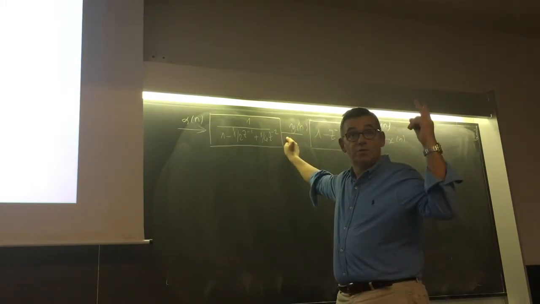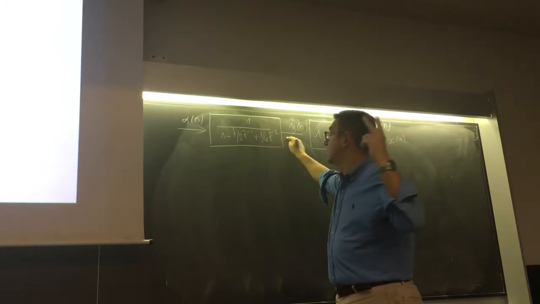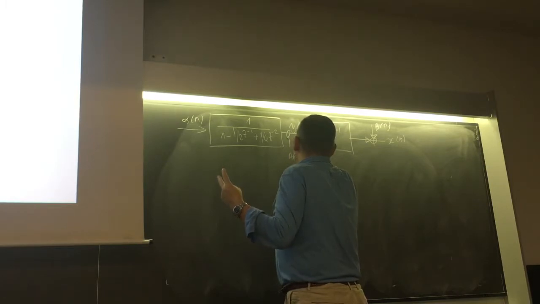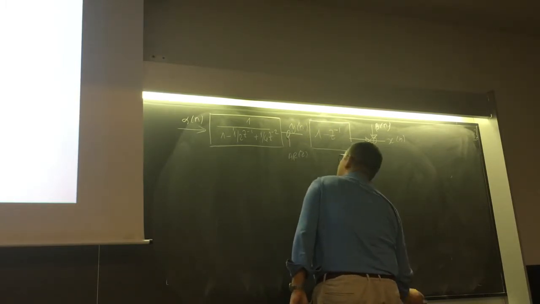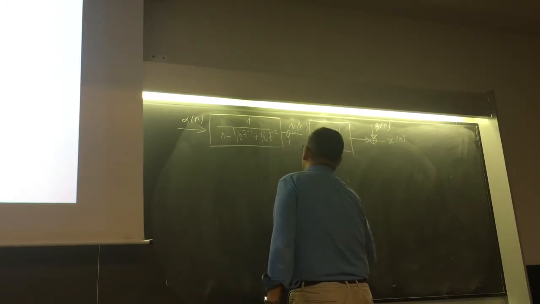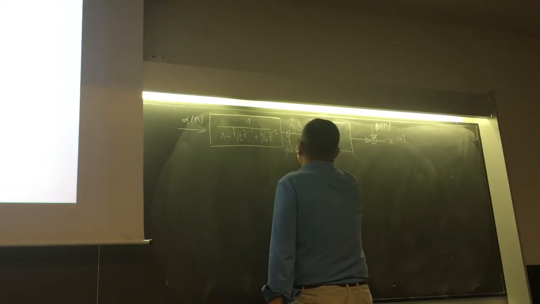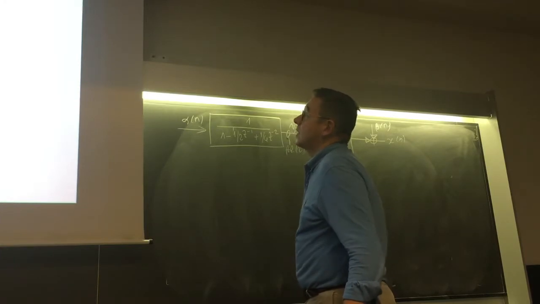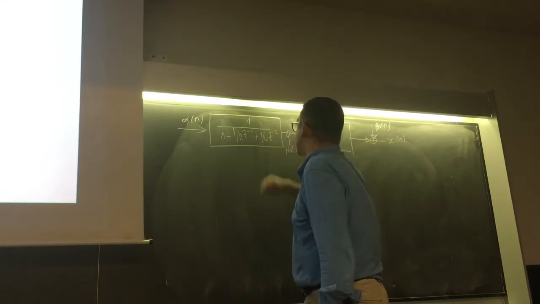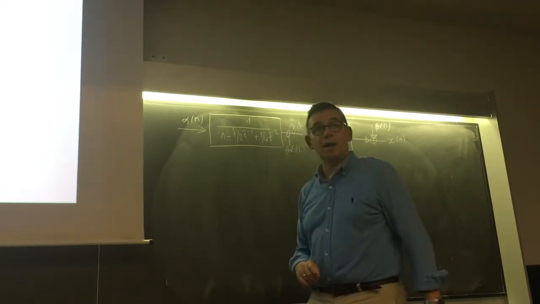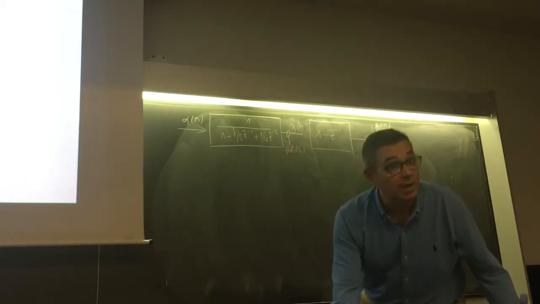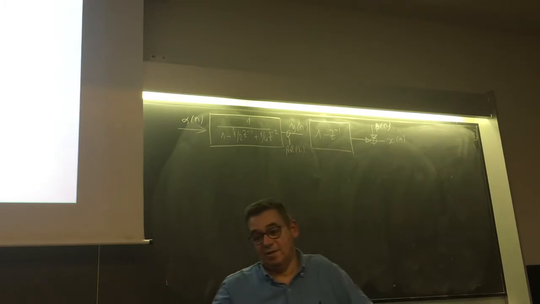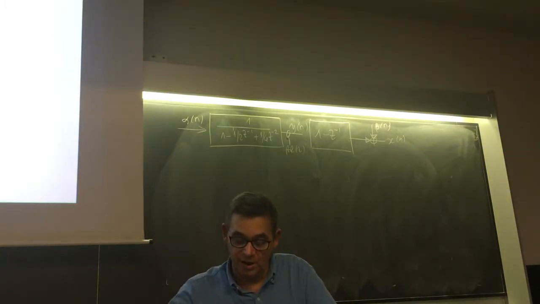It's autoregressive with 2 poles, so this guy is autoregressive of order 2. Let me write it. So compute the autocorrelation. Now, to compute the autocorrelation of Y, I need to use the Yule-Walker equations. So, which means, let's write it. There's no other way. Let's write the Yule-Walker and compute.